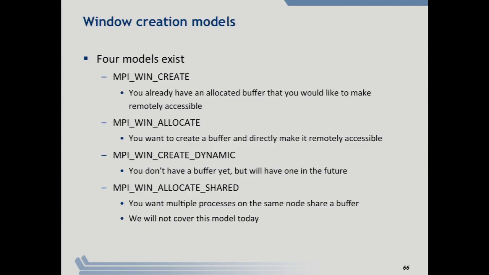And then MPI Win Allocate Shared is a special one that allows you to get memory that is, in fact, shared, which once you've got it, instead of using MPI put and MPI get, you can, in fact, use regular load and store operations. I'll say a little bit more about this.